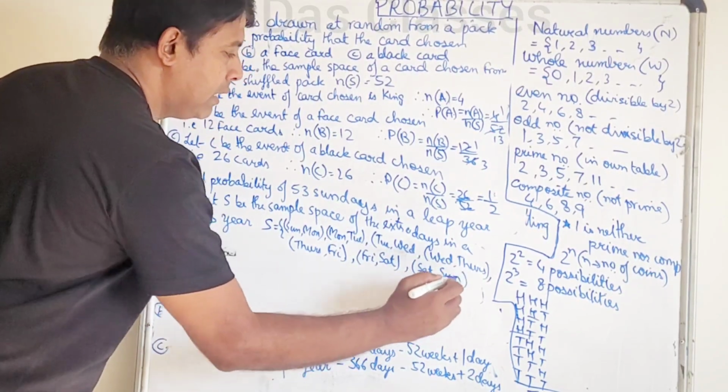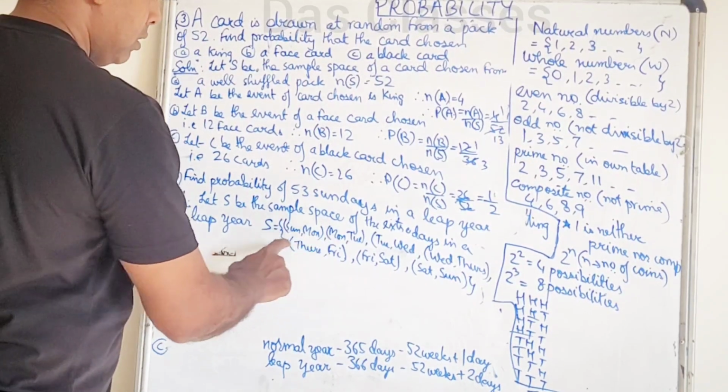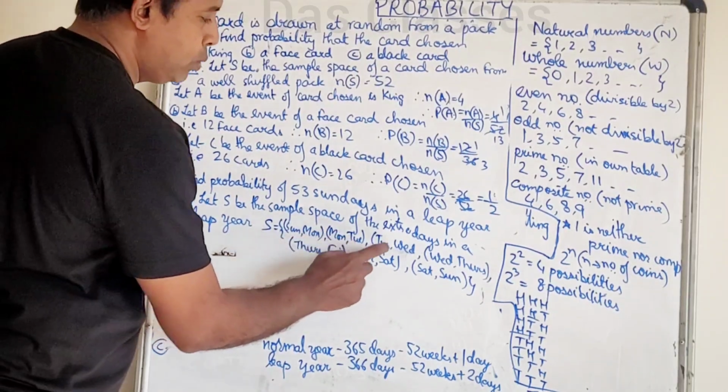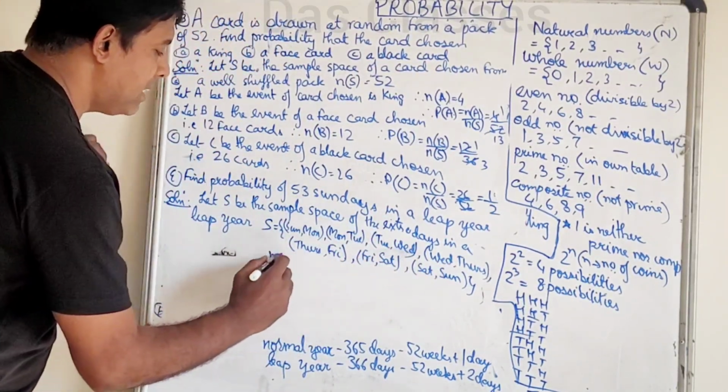So these are those extra days. These are the possibilities. So how many possibilities? 1, 2, 3, 4, 5, 6, 7. So NS is 7.